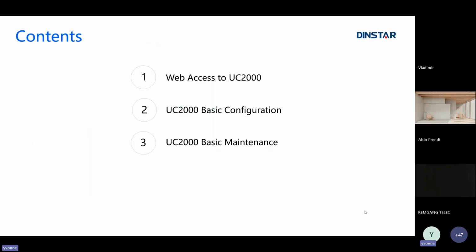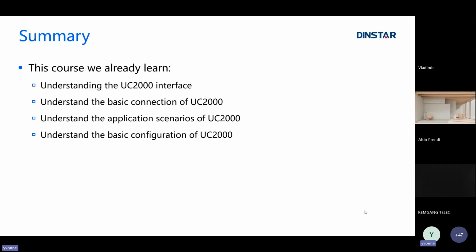So in this section, we have learned the methods to access the devices, the basic configuration on the UC2000 for calls and SMS, and basic maintenance. In today's training, we have learned together about the UC2000, its applications, the basic configurations and maintenance.